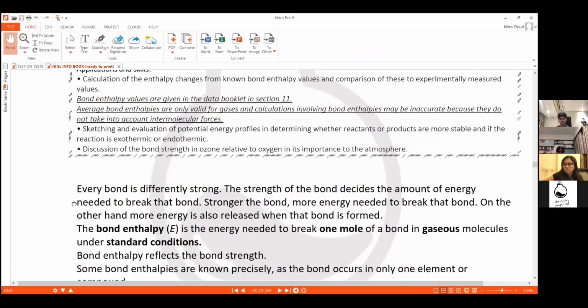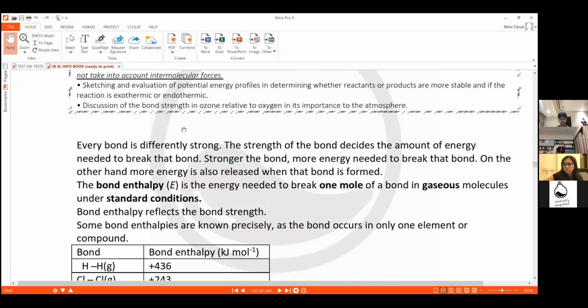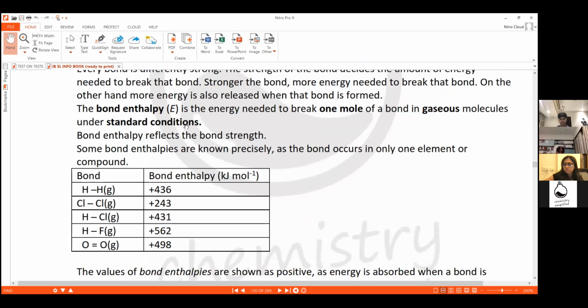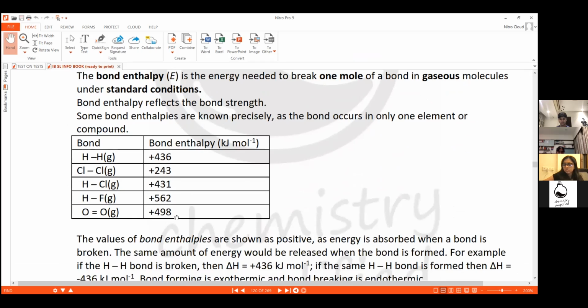Okay. The last part of the SL topic is bond enthalpies. Now, what do you mean by bond enthalpy?